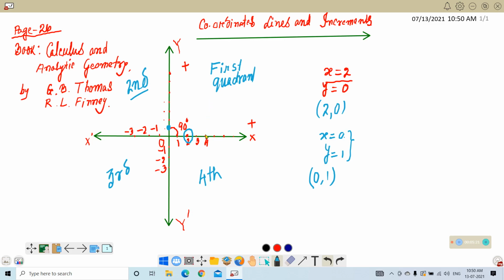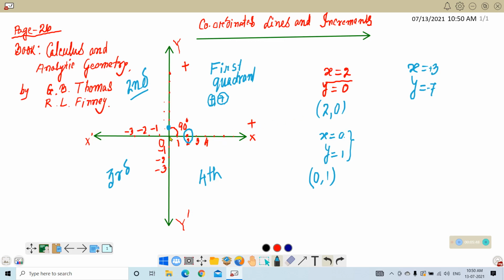Suppose the first quadrant, that means when x is positive and y is also positive, all the points of the first quadrant will be positive. x is positive, y is positive. Suppose we have a point x is equal to 3 and y is equal to 7, plus 3, plus 7.